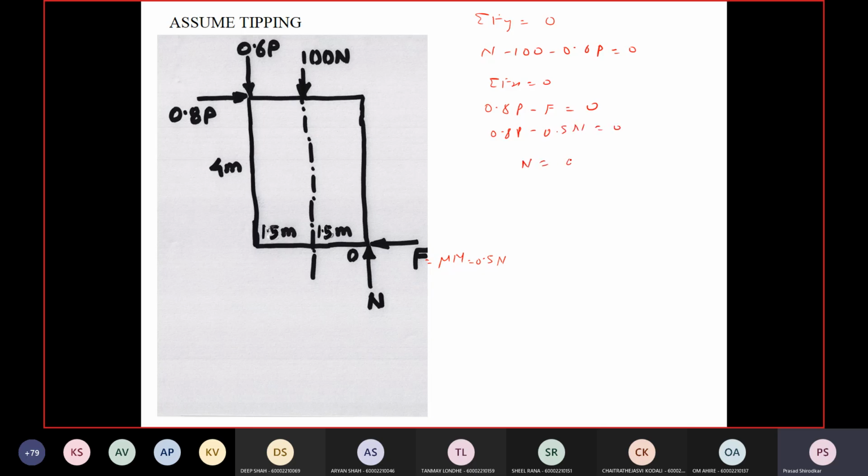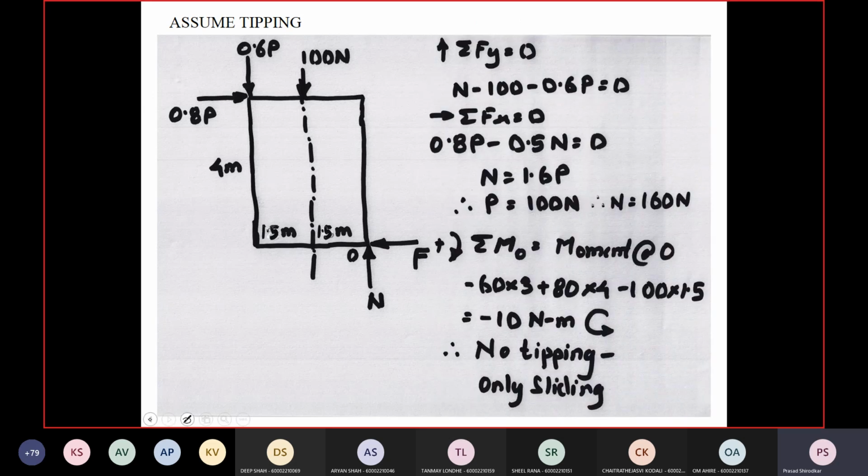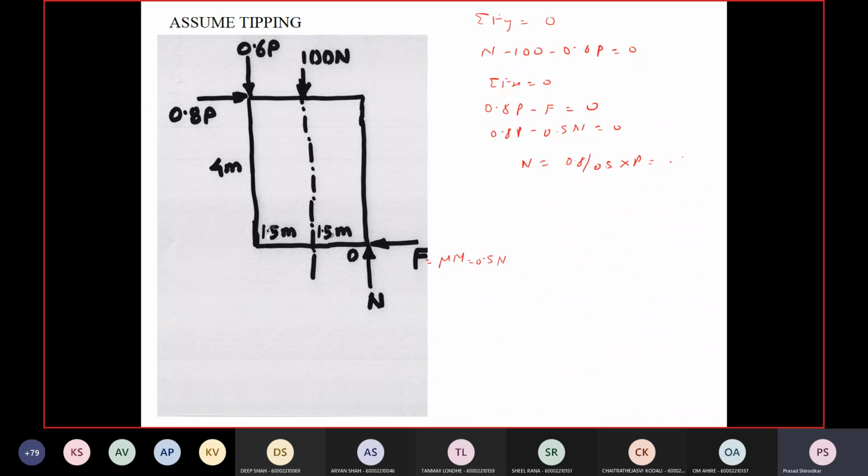So N is equal to 0.8 divided by 0.5 into P, that is 1.6 P. Substitute that in this equation and find the value of P and N. P is 100 newtons and N is 160 newtons.